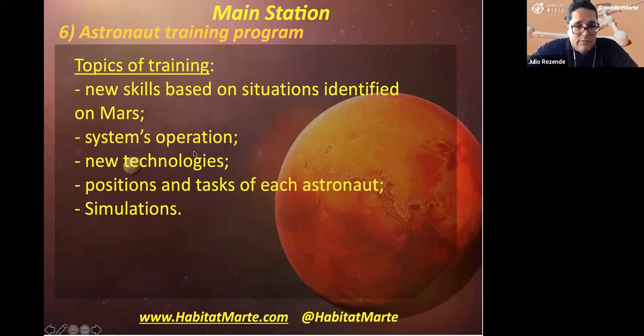Also, it's very important the systems operation training, because we'll be operating a lot of different systems. Some systems are electrical, some systems are mechanical, some systems are based on algorithms, in the computer operations.